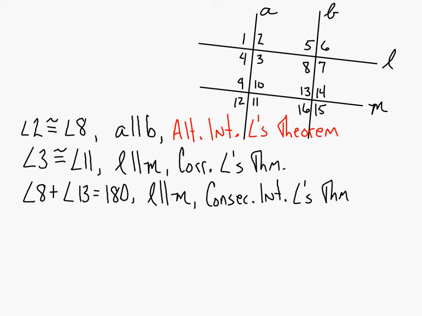What if you're told that angle 12 is congruent to angle 10? Does that allow you to determine? No. Why not? Because they're vertical. Exactly. They're just vertical angles, aren't they?